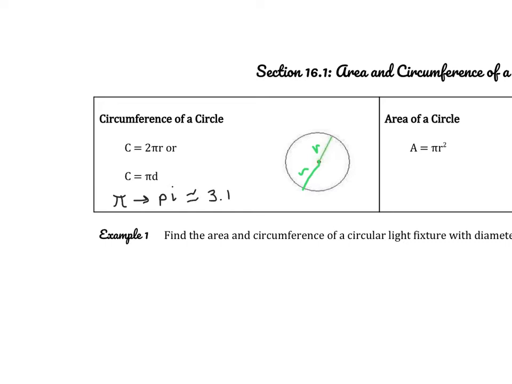A good decimal approximation you can use for pi is 3.14. Your scientific calculator should also have a pi button that you can use instead of 3.14, so your answer will be a little bit more accurate. So again, the formula is 2 times pi times the radius, or pi times the diameter, which is just 2 radii.